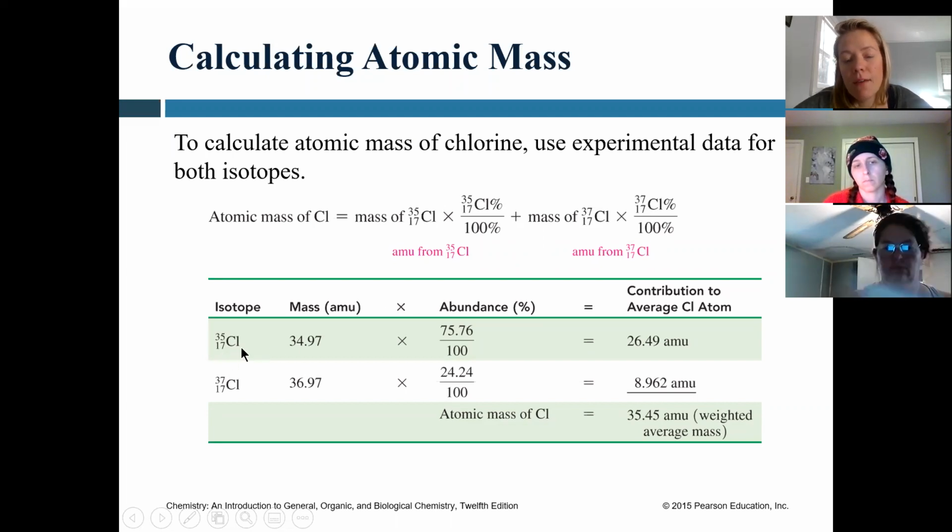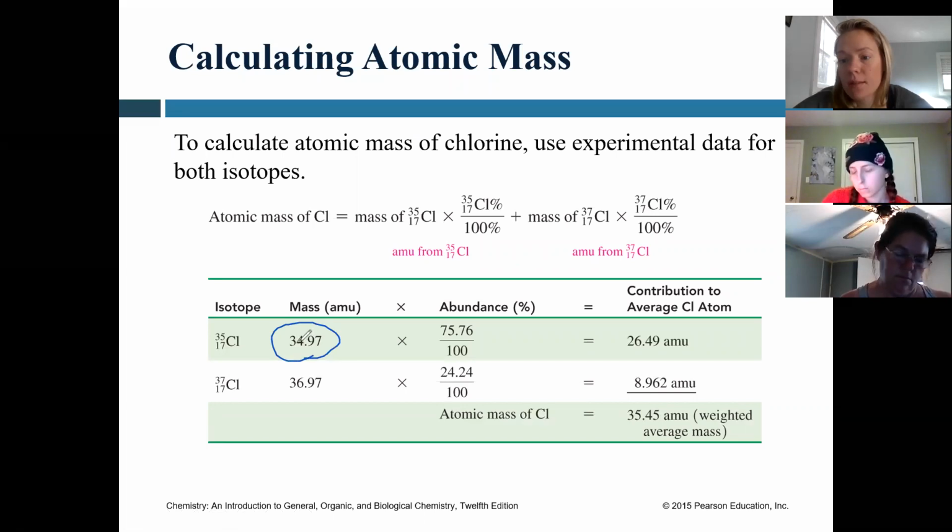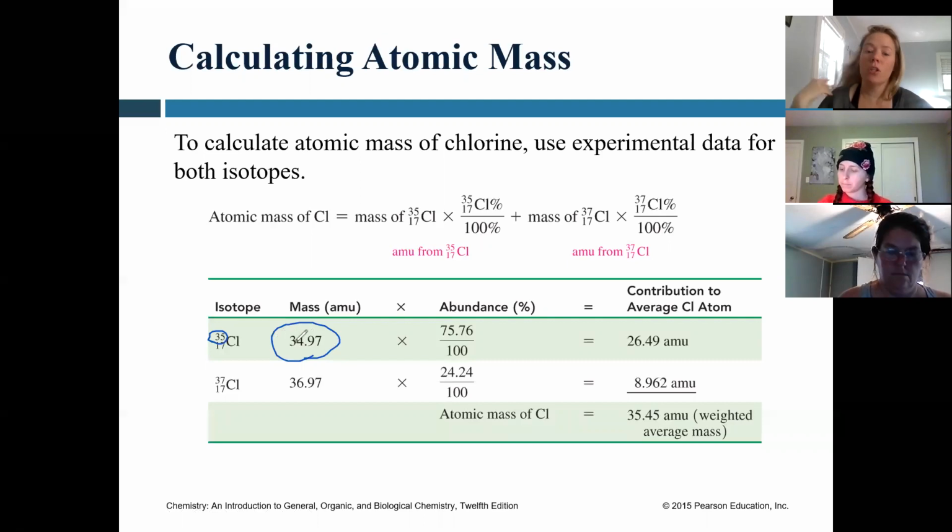So for chlorine 35, the mass is actually 34.97. So anytime they give you a more detailed mass, use the more detailed mass. If they didn't give this to you, you would just use the 35. But because they're giving us something that says, no, it's really 34.97, use that.